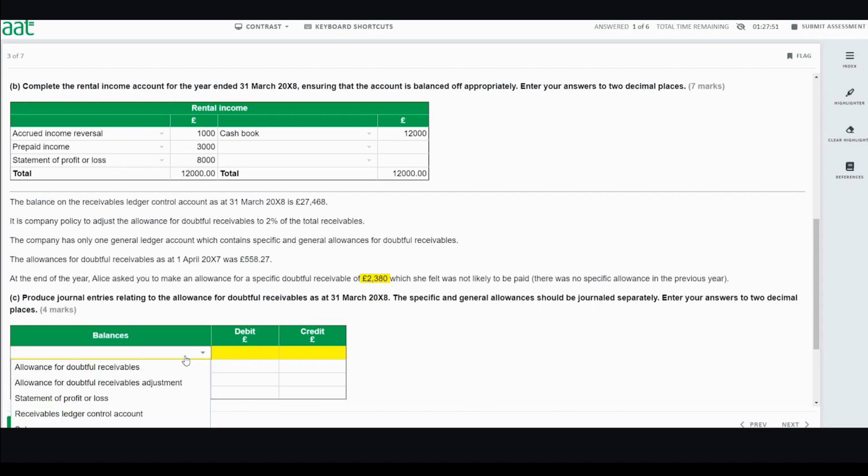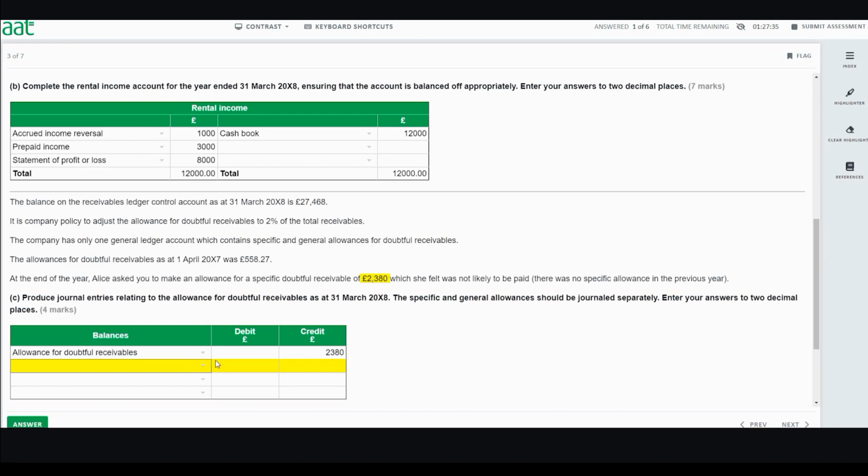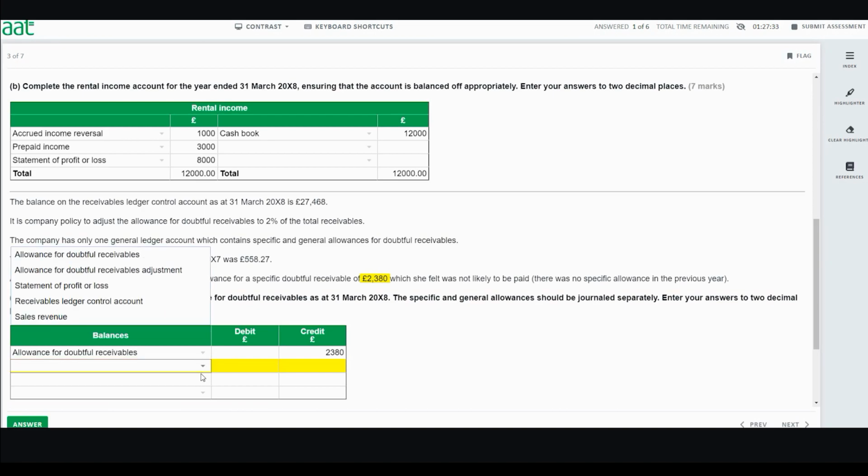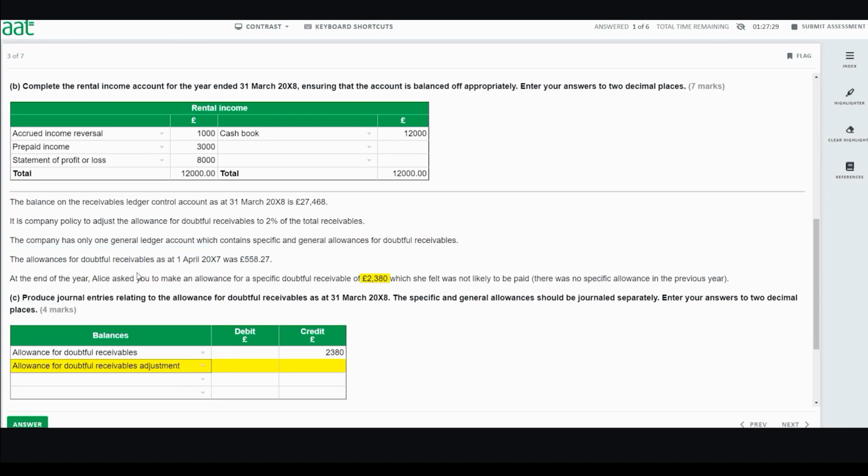So we'll first deal with the allowance for doubtful receivable that we feel we're not going to get. We've got allowance for doubtful receivable, which is going to be a credit of 2380, and an adjustment, which is a debit of 2380, because that's going to be an expense to us.